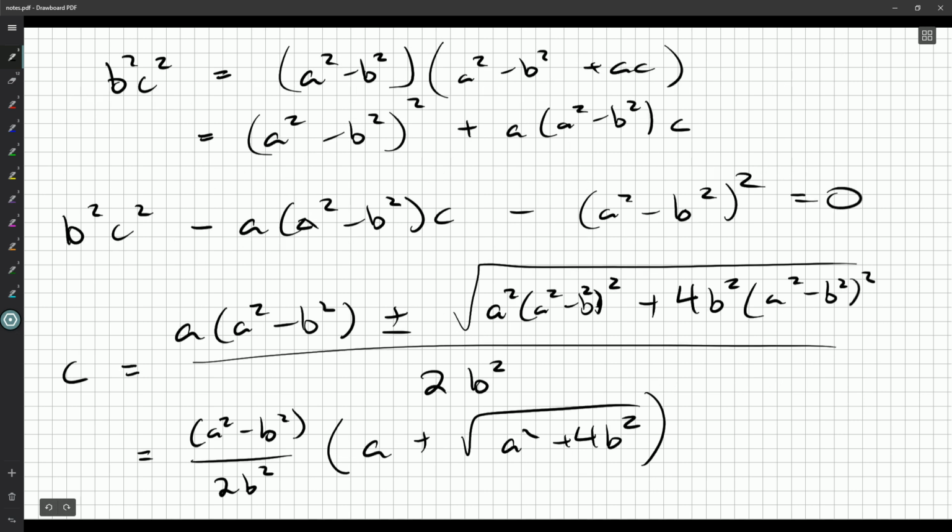Did I maybe calculate the C wrong in the first place? So what did we have? We had A is 16, B is 15. 256 minus 225 is 31, over 2b squared, which is not 250, it's 450, times a plus the k, which in that case was 32.